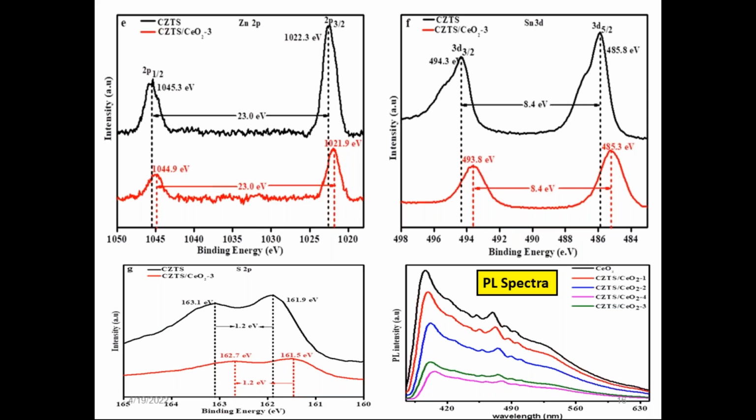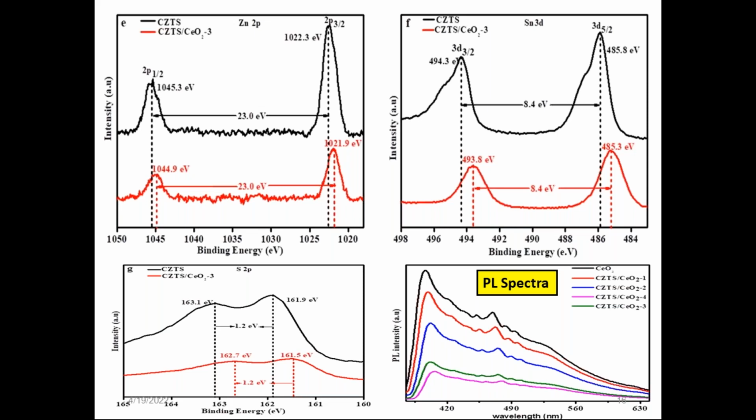From the Raman spectra, a strong Raman band appeared at 470 cm inverse for both CeO2 and CZTS. It corresponds to the F2g Raman active mode of cubic structure CeO2.